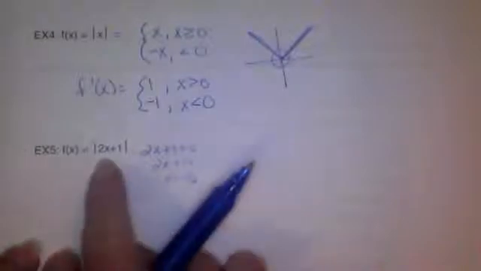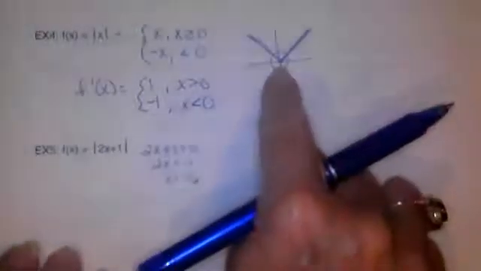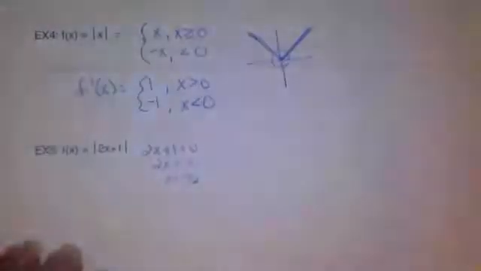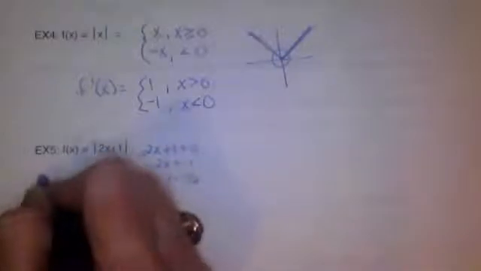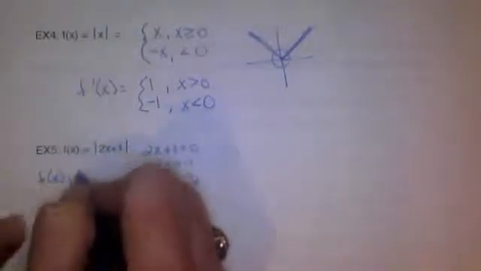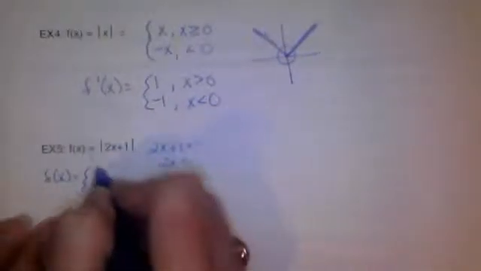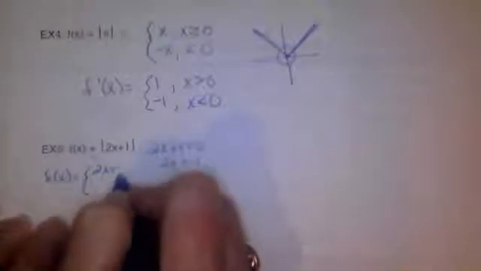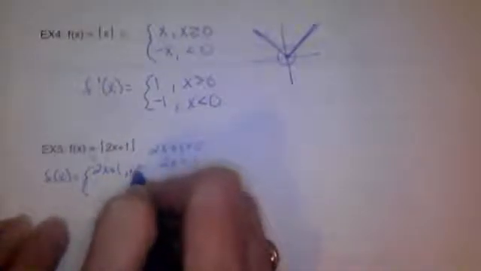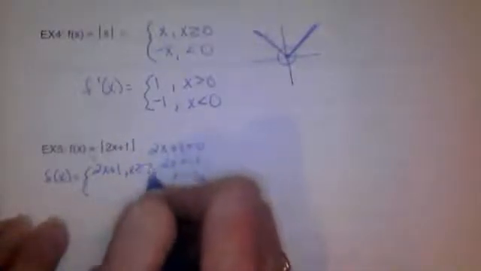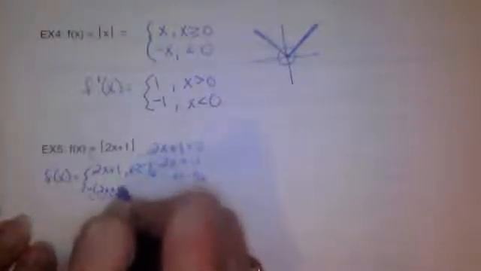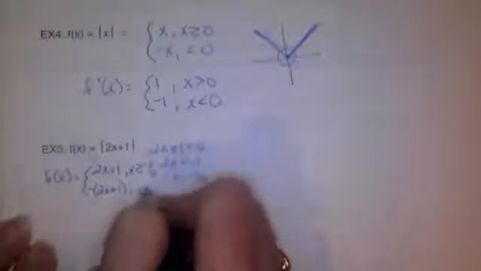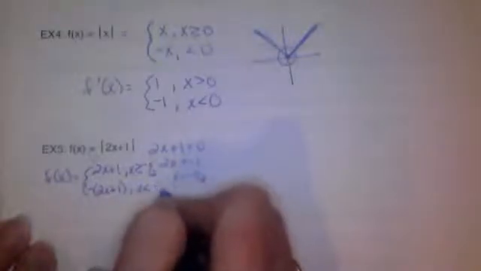And this one is still turned right side up, just like this one. So the right-hand side of our graph is still going to be the positive slope side. And so when we rewrite this function as two separate functions, the 2x plus 1 is going to be the right-hand side of negative 1/2, and the negative of 2x plus 1 is going to be the left-hand side of negative 1/2.